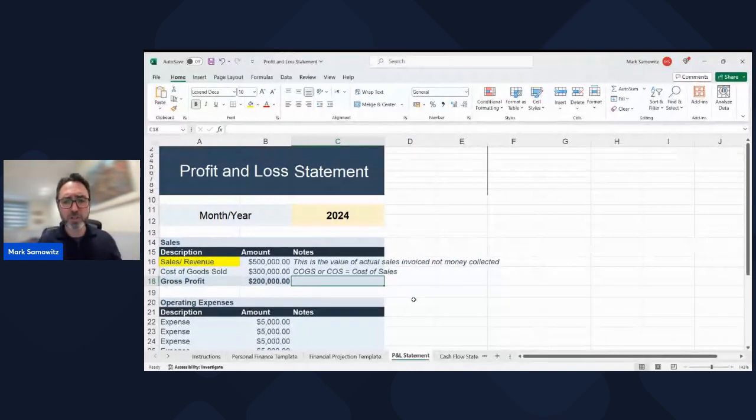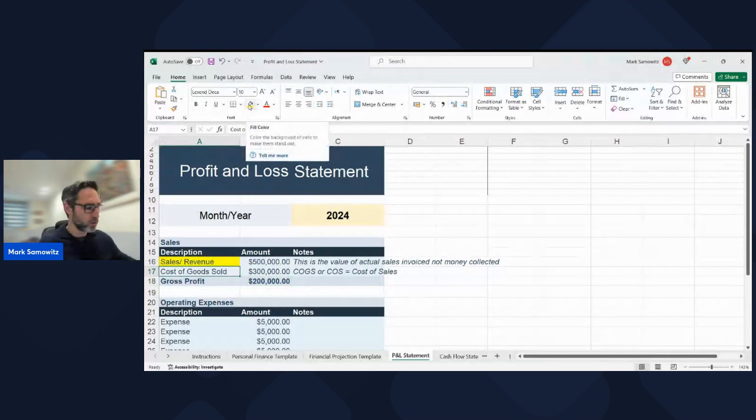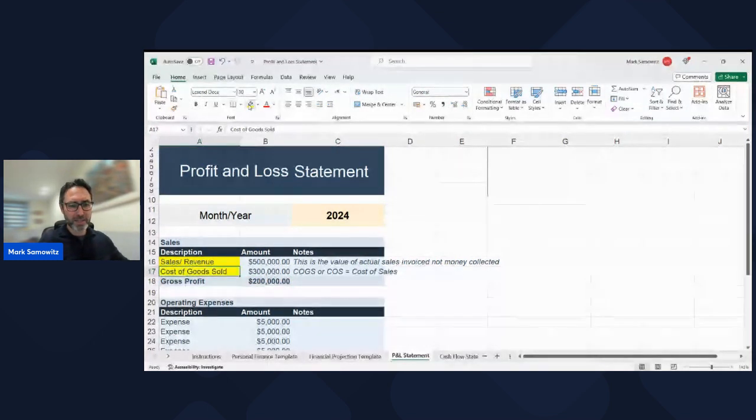So cost of goods sold simply represents the purchase price of the inventory, what you purchased it for, and that represents cost of sales, giving us then gross profit. So gross profit is simply a subtotal where we take our sales or our revenue, we deduct our cost of goods sold, and that gives us what we call gross profit.